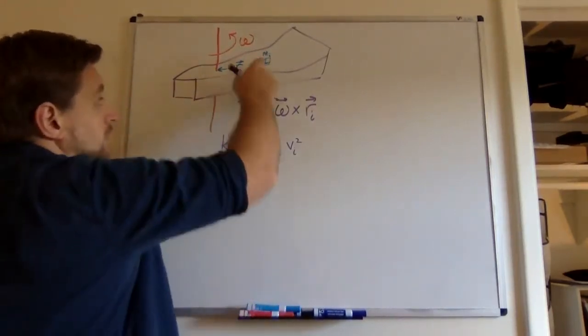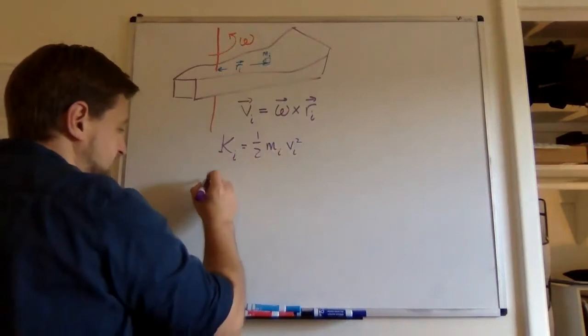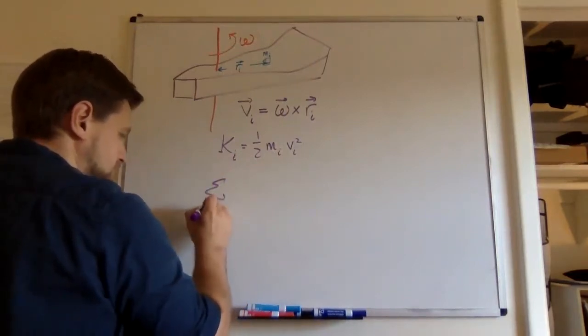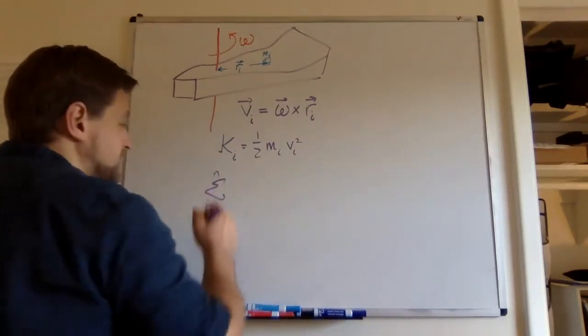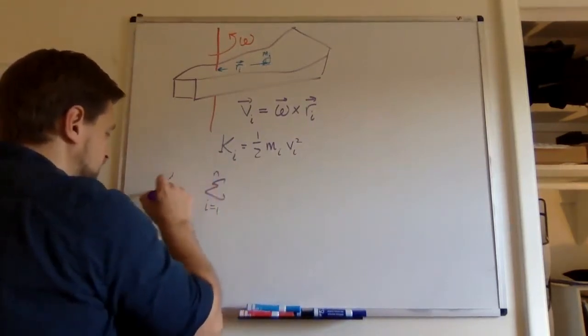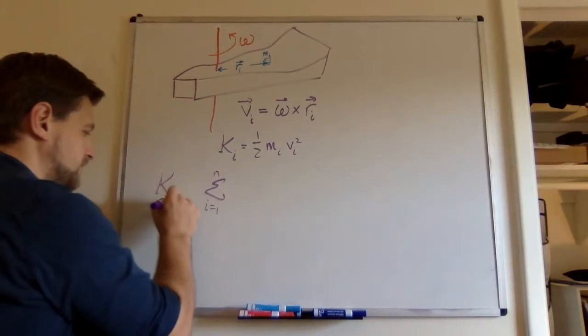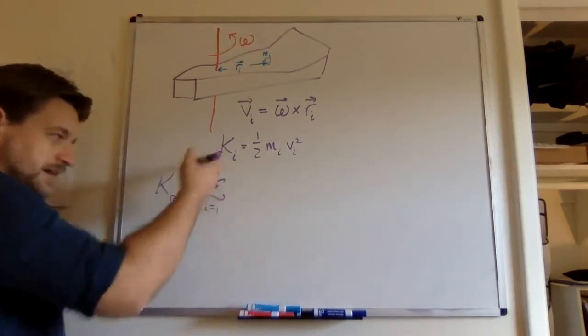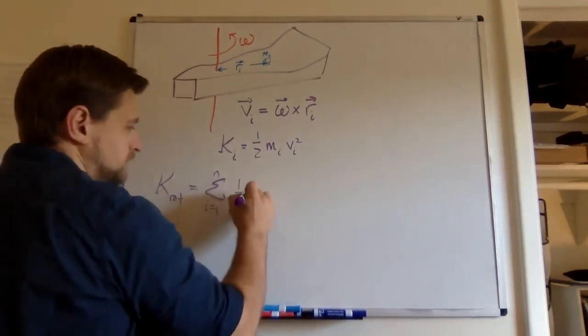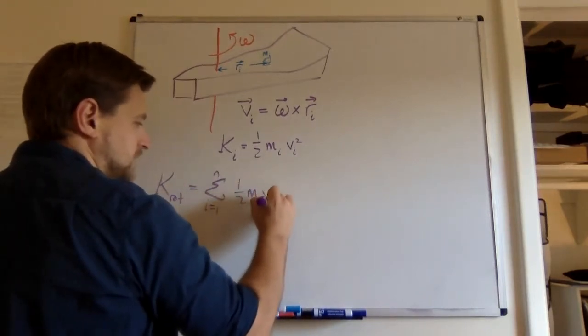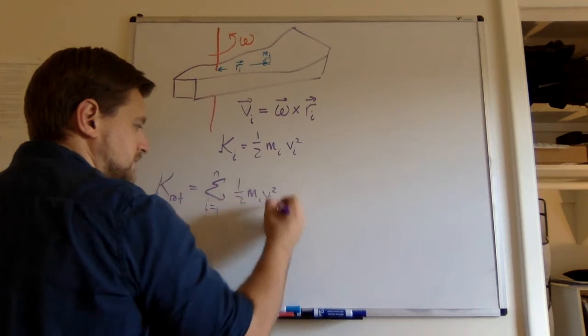Okay, and there are, I don't know, n of those masses scattered throughout this object. So if I wanted the total kinetic energy of this object rotating, I would need to add up the kinetic energies of all the individual pieces. So let's do that. Sum of 1/2 m_i v_i squared.